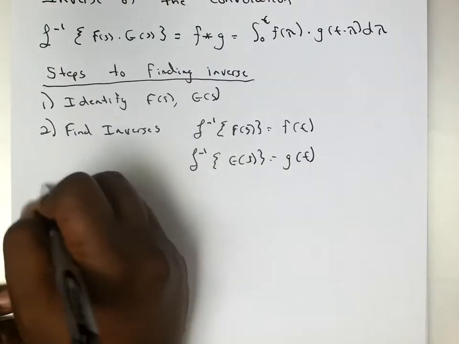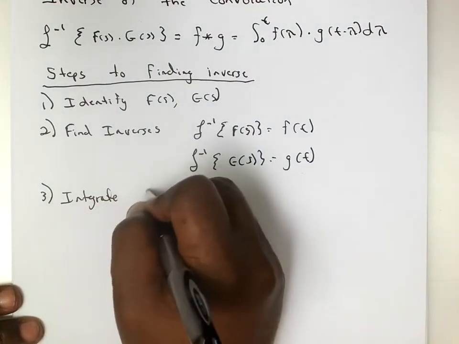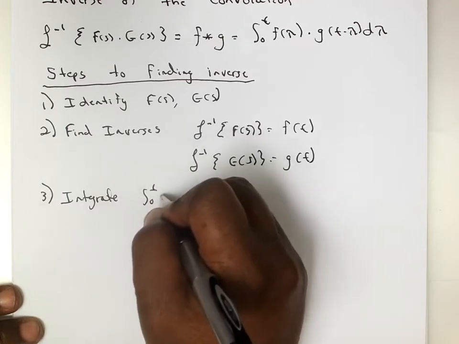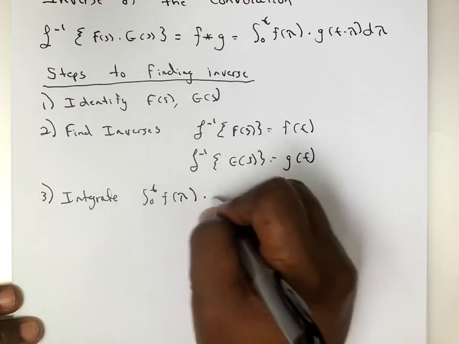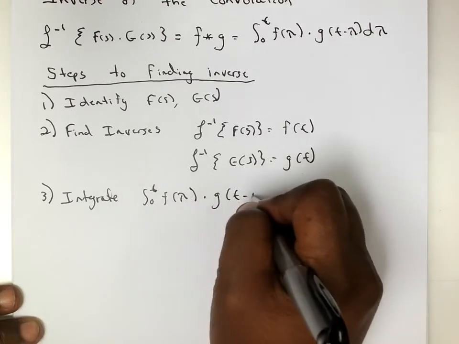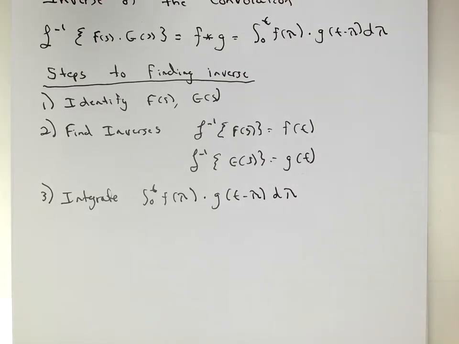And then lastly, integrate. So back to that definition, the integral from 0 to t of f(tau) times g(t minus tau) d tau. So we have to integrate that.